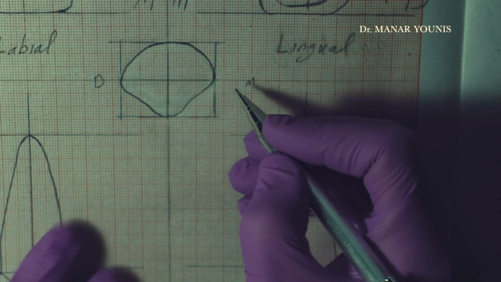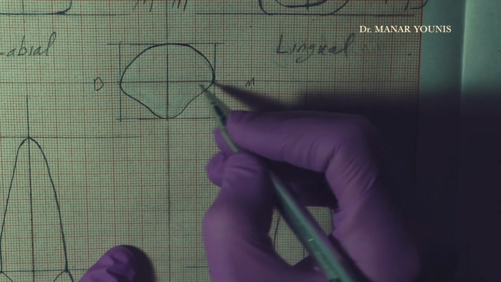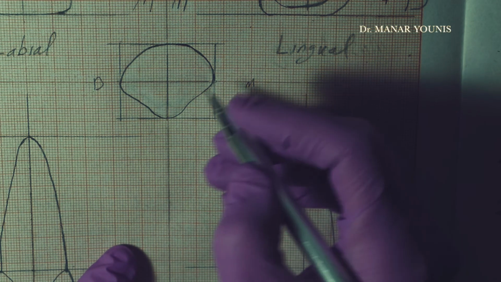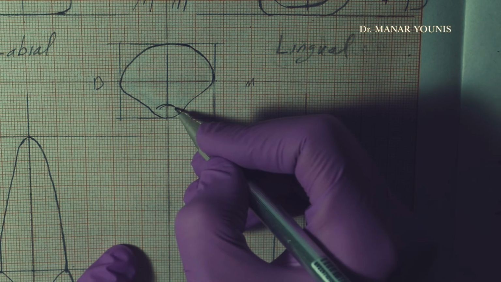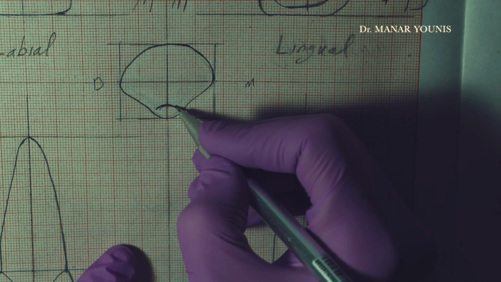The mesiolabial and distolabial line angles are prominent and wider than the mesiolingual and distolingual line angles. The cingulum is wide and occupies the cervical portion of the lingual aspect of the crown.